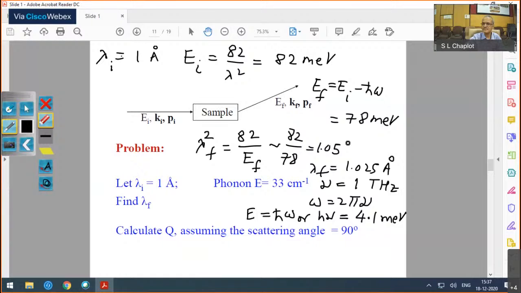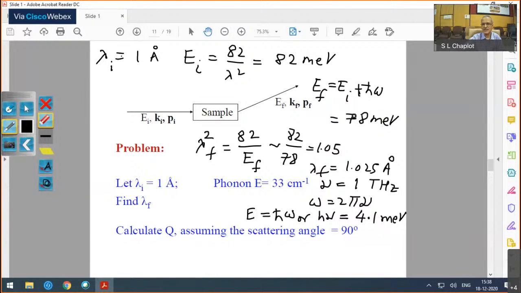Similarly, you can check it. If it were a neutron energy gain, that means EF would be EI plus the phonon energy. So for the neutron energy gain, you have to sum it up.